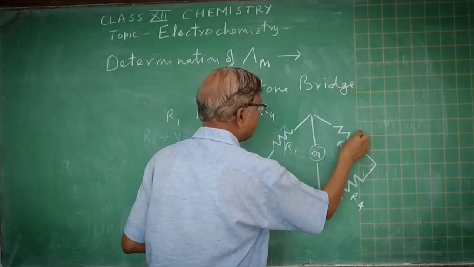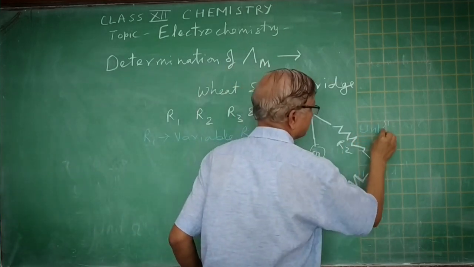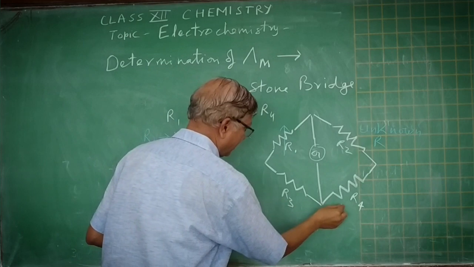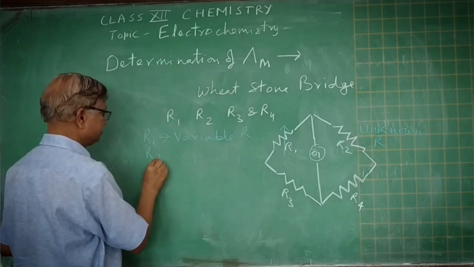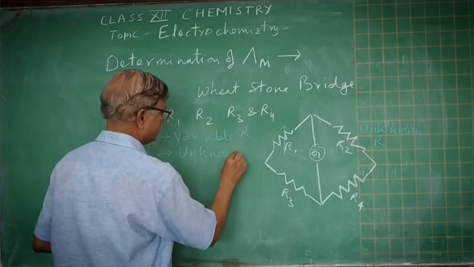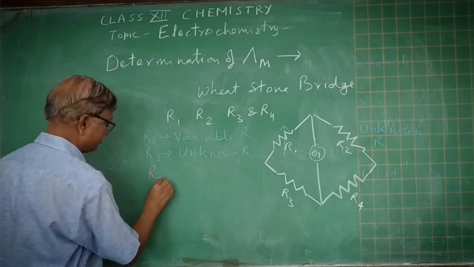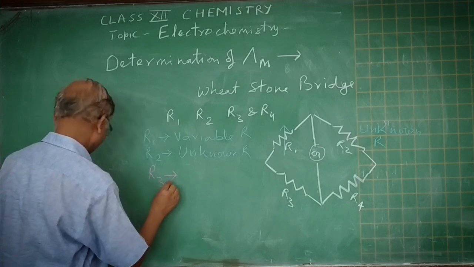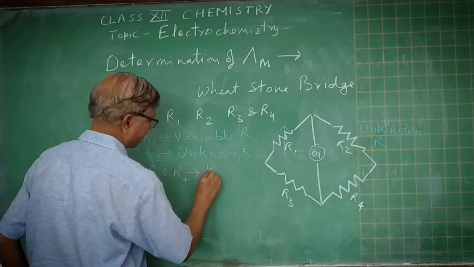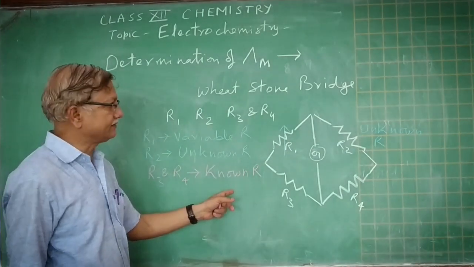R2 is an unknown resistance. R3 and R4 are known resistances.